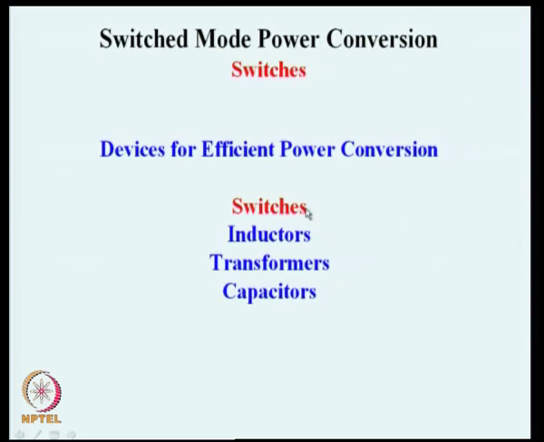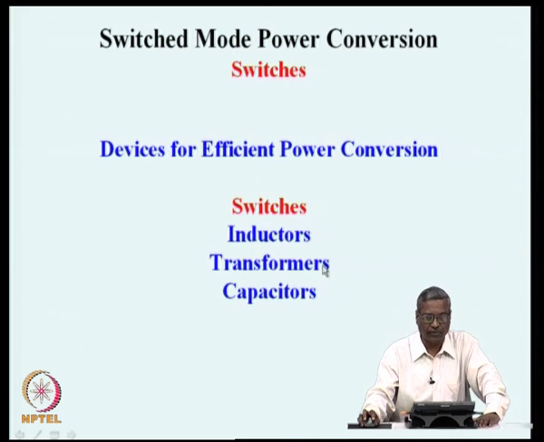In today's lecture, we will look at one of the components in the switched mode power converters. We had seen in the earlier lectures that the power converters, in order to efficiently process power, consist of components which do not dissipate energy, and these electrical circuit components are switches, inductors, transformers and capacitors.